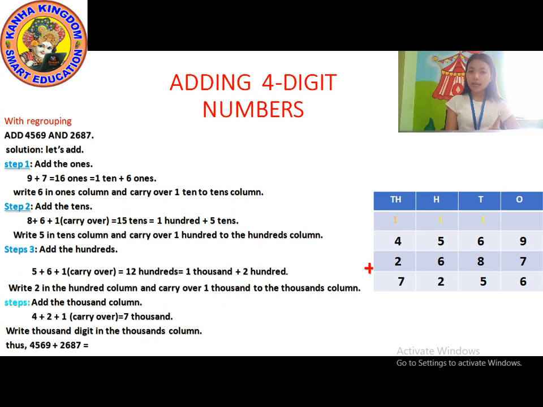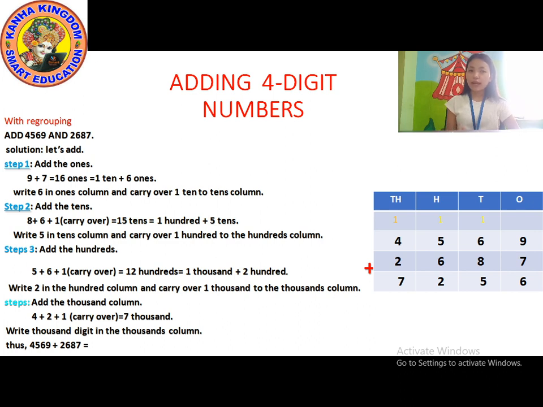So 4, 2 and 1, because in the third step we carried over 1000 to the 1000 column. So the carry over 1000 is also present in the 1000 column, right? So we'll write 4 plus 2 plus 1 equals 7000.